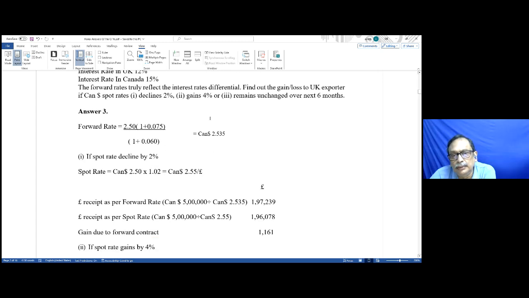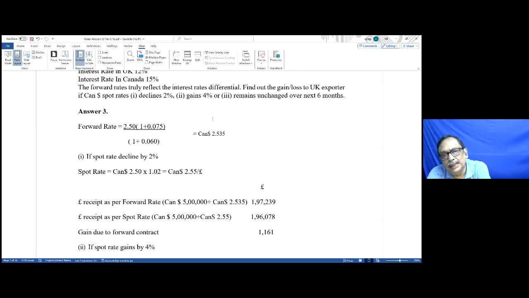Now you are coming to answer the second part. The second part is the forward rates truly reflect the interest rate differentials. Find out the gain or loss to UK exporter if Canadian dollar spot rates.